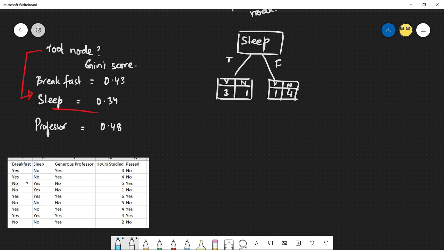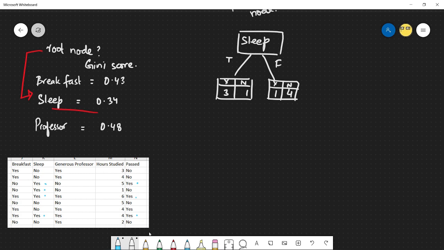Sleep true is 1, 2, 3, 4. That's why there are 4 of them. Whenever sleep is true, we'll count how many passes there were. So 1 pass, 2 passes, 3 passes, so 3, and then 1 no pass over here.